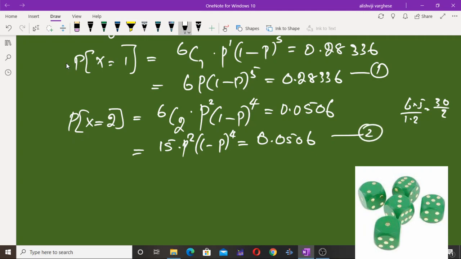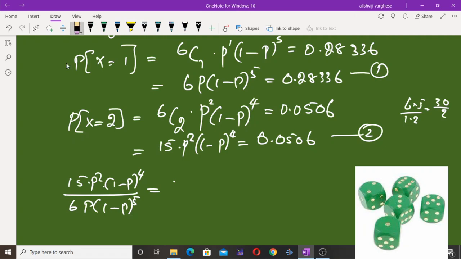If you take the ratio between equation number 1 and equation number 2, then we can take the larger quantity in the numerator.